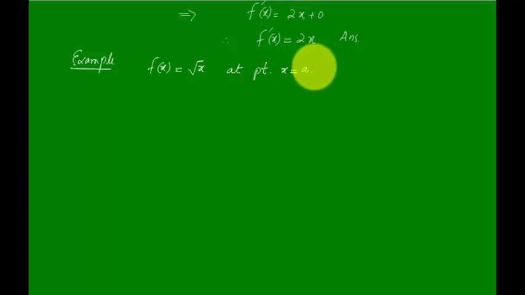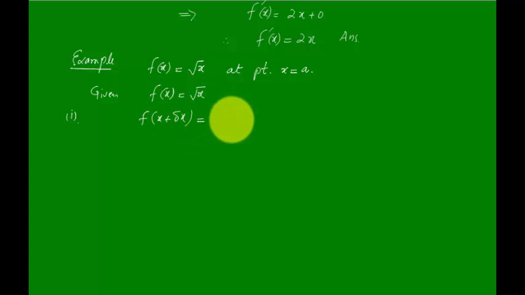Given f of x is equal to x under root. Now by applying the first step, f of x plus delta x can be written as x plus delta x whole under root. This is equation number 1 and this is equation number 2.